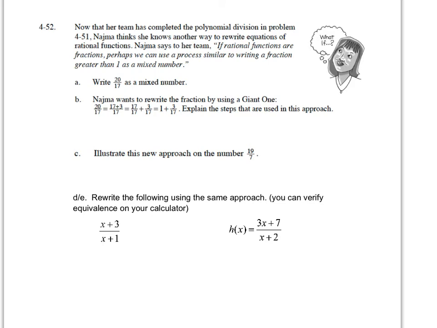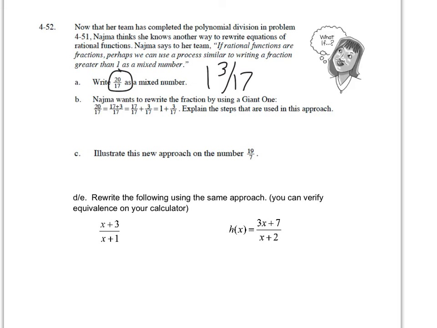We want to write 20/17 as a mixed number. If I was to go back and do division from elementary or middle school, I would get 1 and 3/17 because 17 goes into 20 one time and 3 is left over.